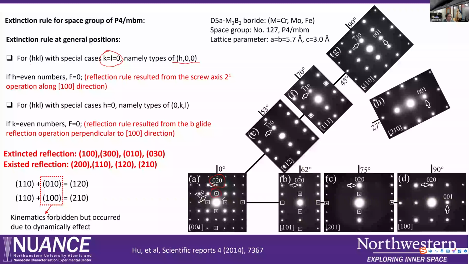This is actually related to dynamic diffraction, because, for example, 110 can occur in diffraction, and 120 can occur in diffraction. Then if you consider the dynamic effect, this 010 will occur. That means although there is lattice extinction, they can still occur due to the dynamic effect.